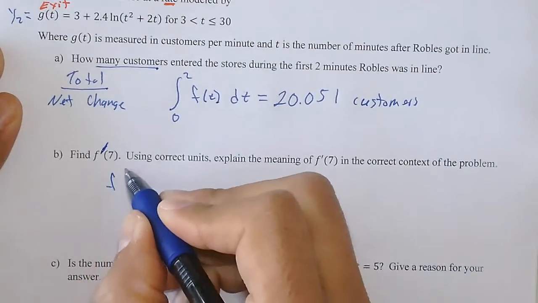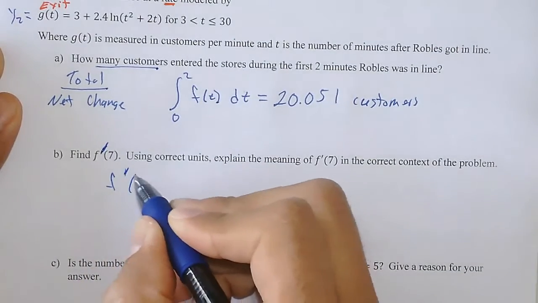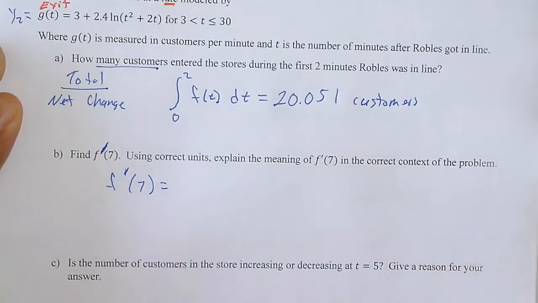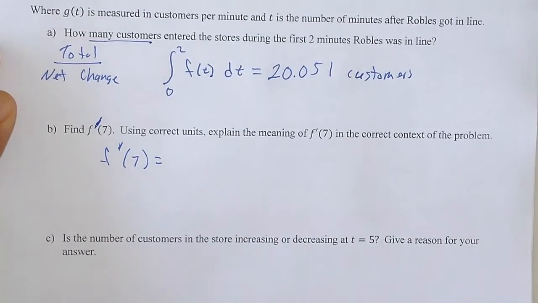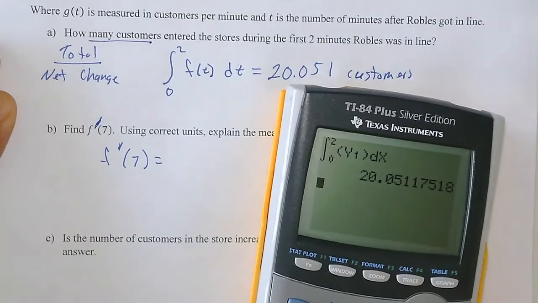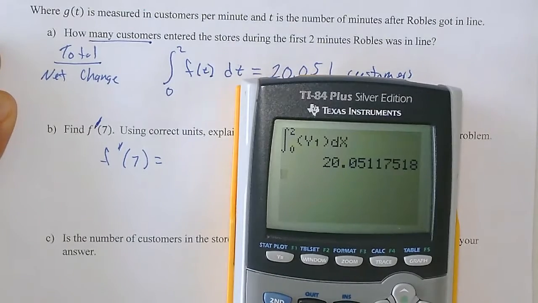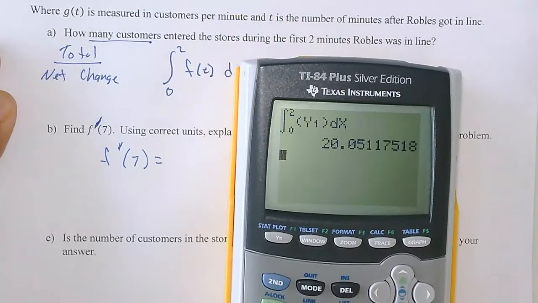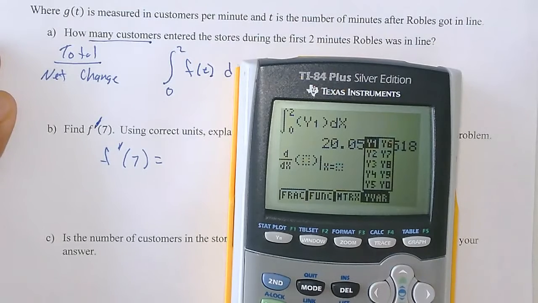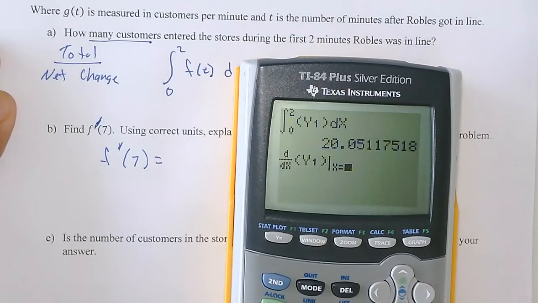To take a derivative, I'm going to go to math 8. And that is the derivative with respect to x of my y1 evaluated at 7. Again, math 8, get that y1 and evaluate it at 7. So I got a negative number.